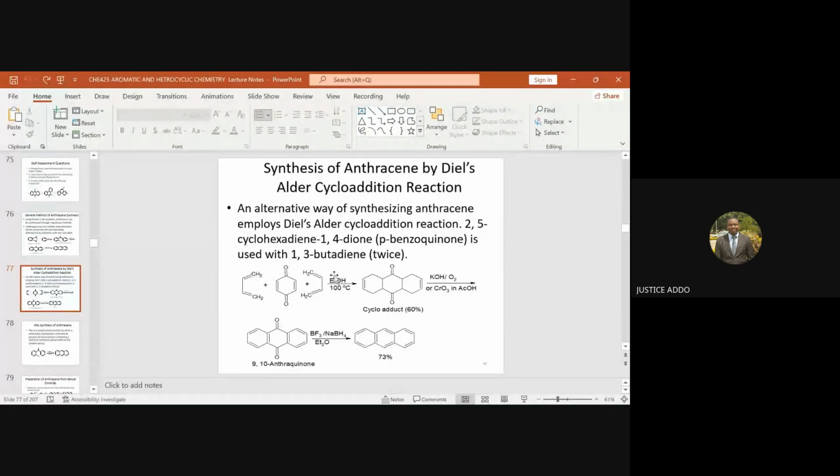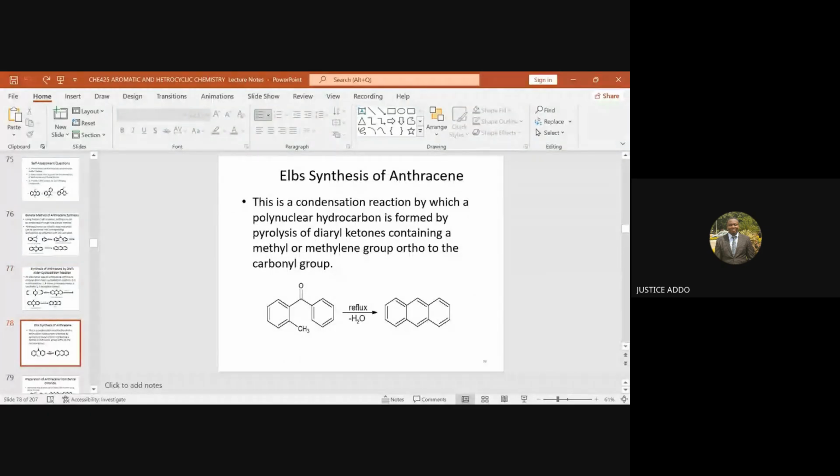So they form what we call Diels-Alder addition, and you get this. Then of course you need to find a way of what? Aromatizing the two rings. And so you can do that with what? A base in oxygen or chromic acid in what? Acetic acid.